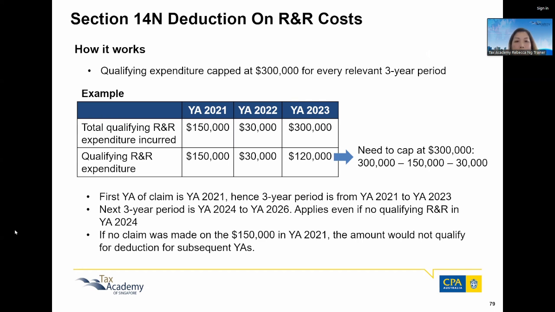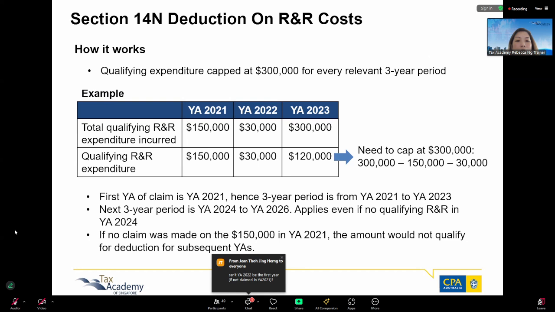So after I identify the qualifying amounts, I will cap the 3-year period. The 3-year period is YA 2021 to 2023, and Section 14N says that you can only claim 300,000 for this 3-year period.